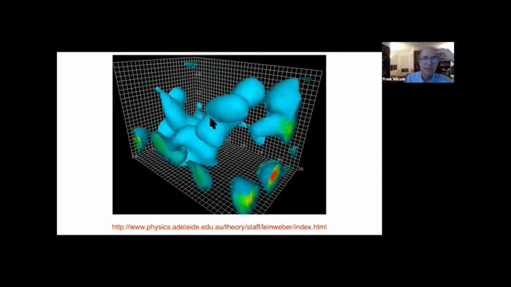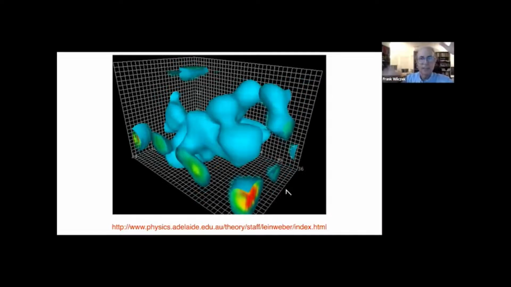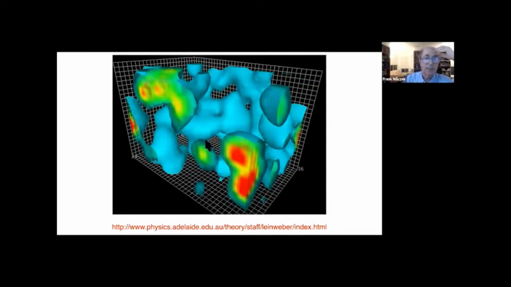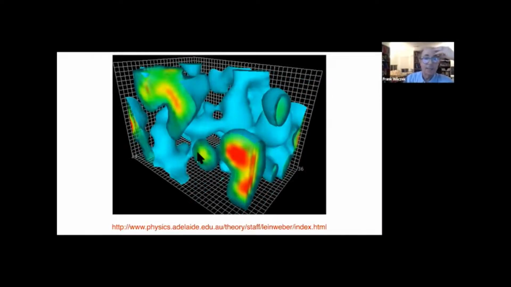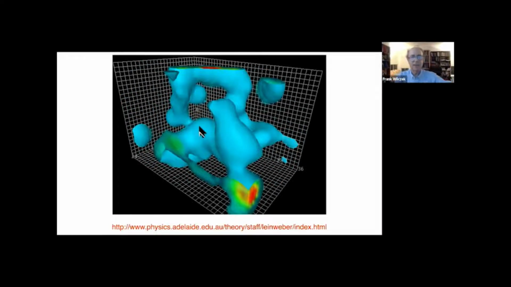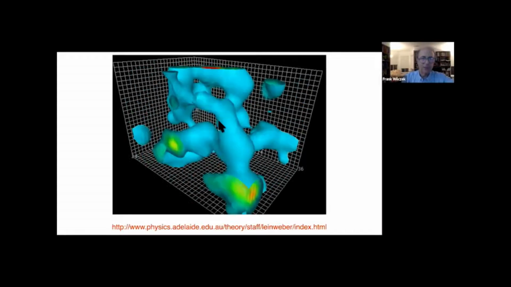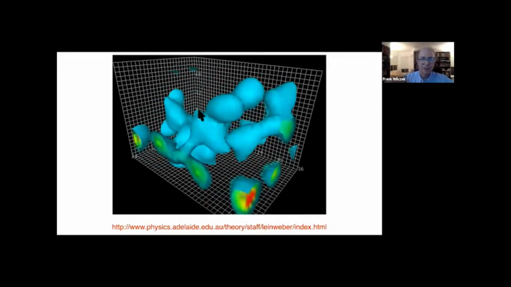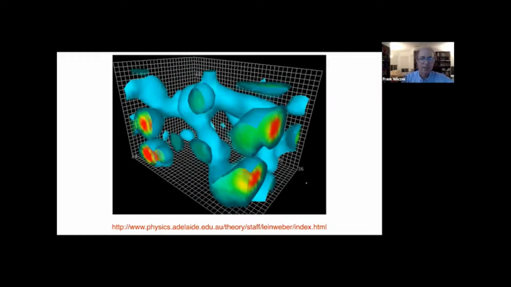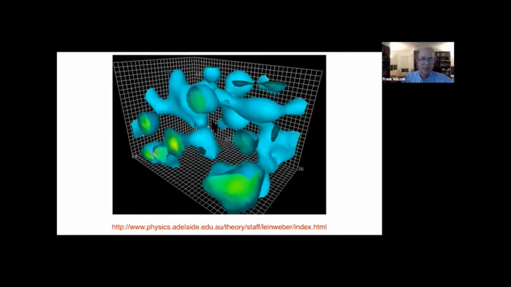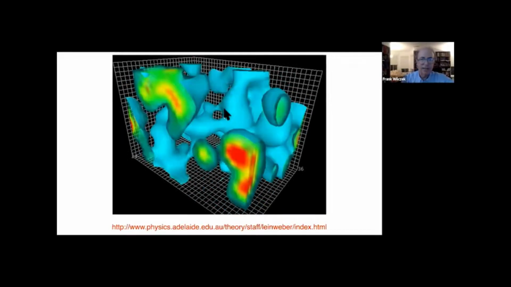So they're uncertain in their values. And that means even in what we perceive as empty space, there are short-lived fluctuations in energy and in the values of the fields going on all the time. And you can calculate that activity numerically.